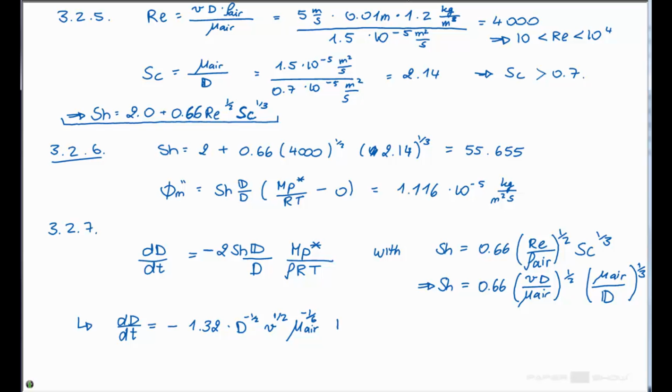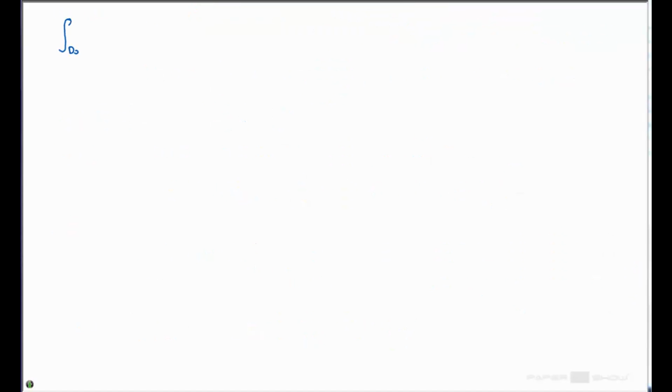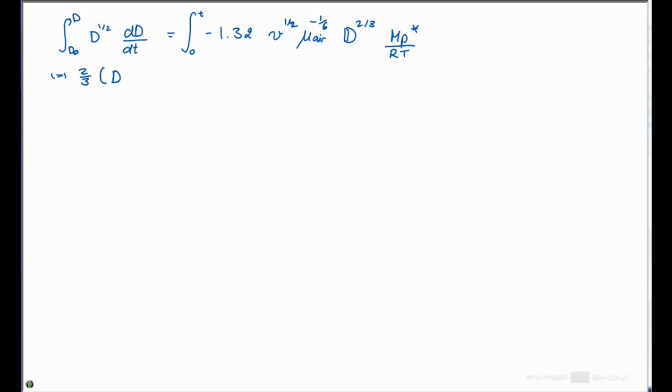So 1.32 is 2 times 0.66. And we write out each variable separately with their own power. In the end, we integrate this and we finally isolate t.